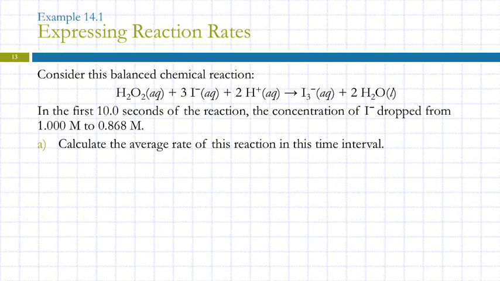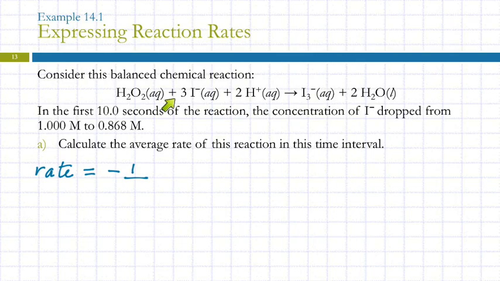So the rate of the reaction, we've got information about the I- concentration. So we're going to define the rate in terms of the iodide. So the rate is going to equal minus 1 over, and this coefficient here is going to go on the denominator.